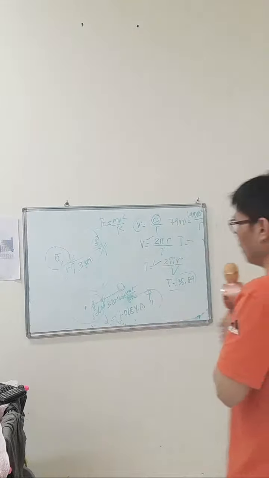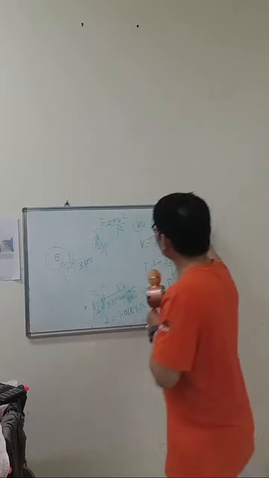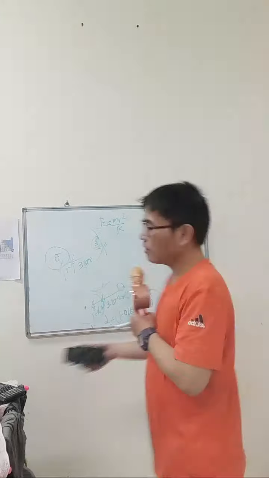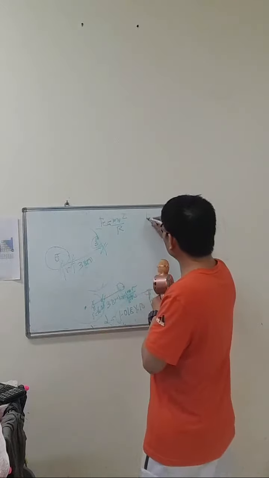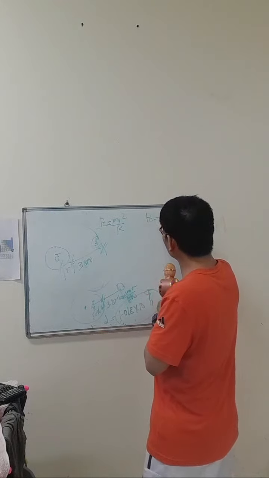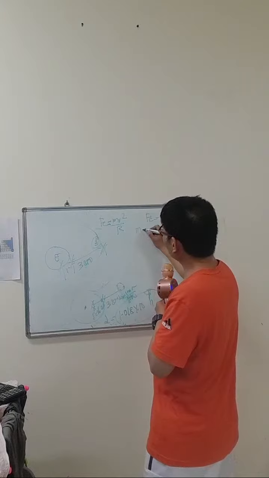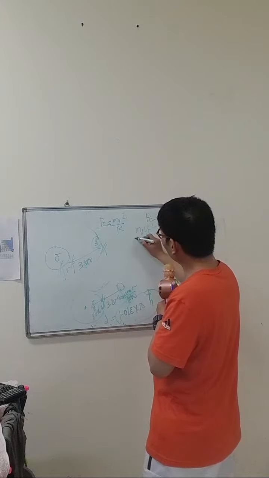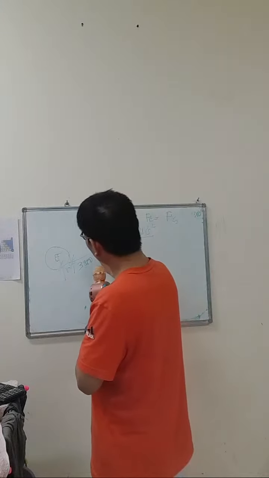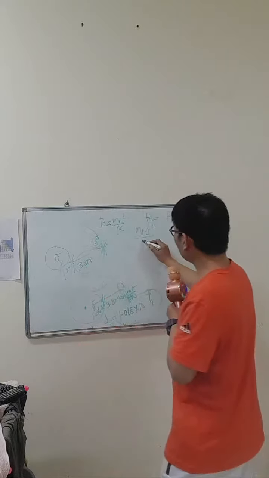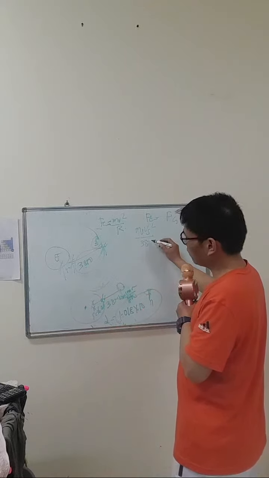to the FC of your Earth. Okay, go back to number one. So FC is equal to FG. Okay? So mass of the satellite, velocity of the satellite squared over the radius of the satellite here, right? So it is 3,800.